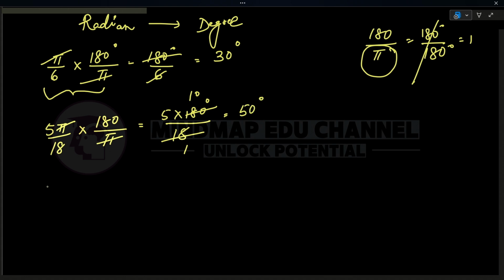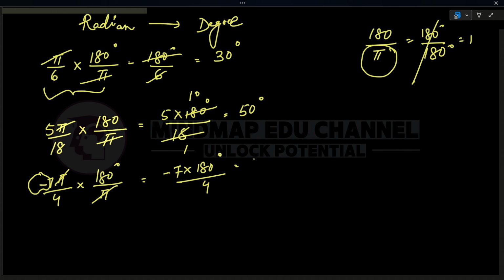Now let's see another example like −7π/4. Same method. Multiply by 180 degrees over π. This minus sign is not going to affect your method of converting radians to degrees. So what will happen here again? Cancel π and π. Minus 7 into 180 degrees over 4. So what we will get here?